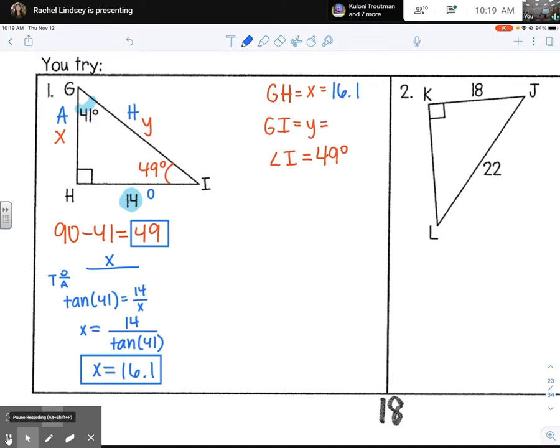Now that I found x, I've got to solve for y. So, looking at my 41, I have opposite and hypotenuse. So I'm going to use sine.